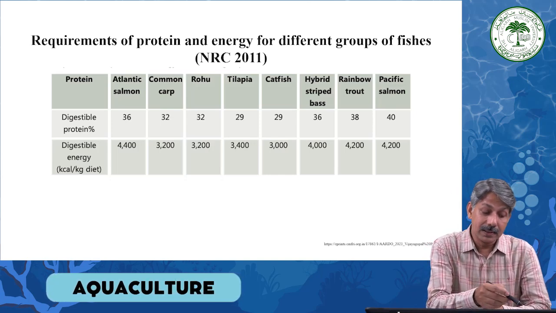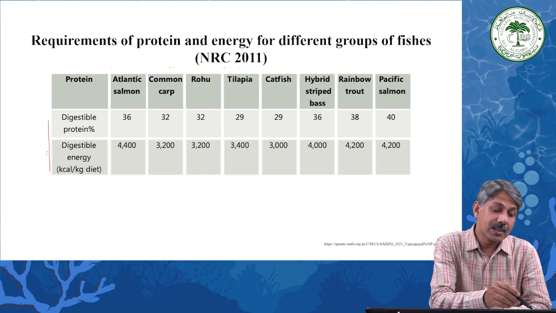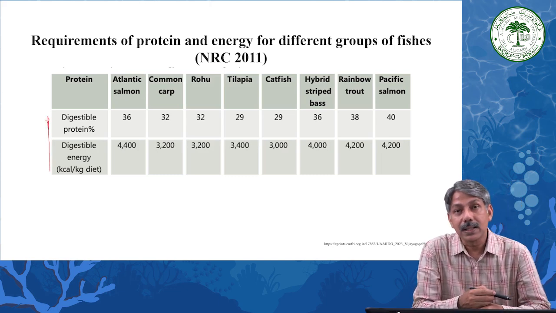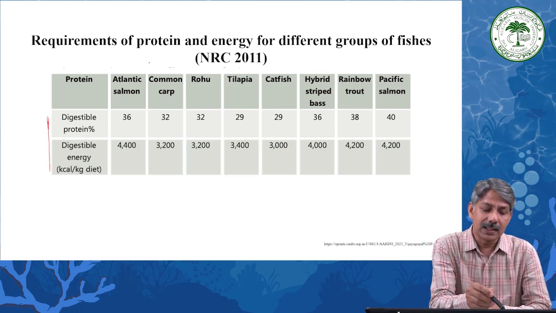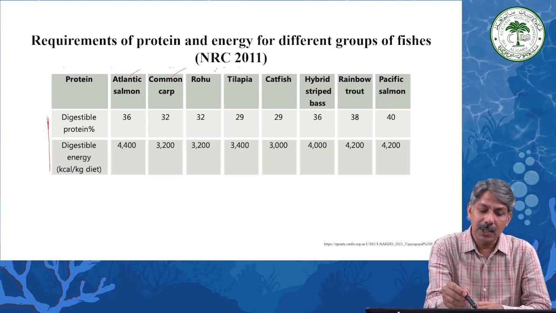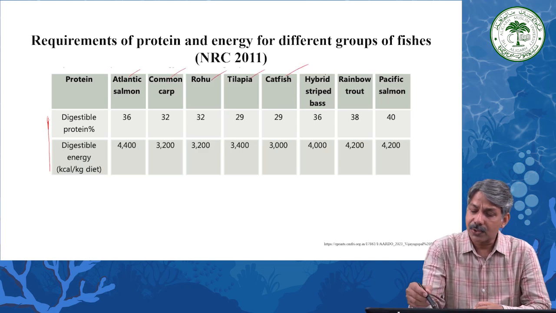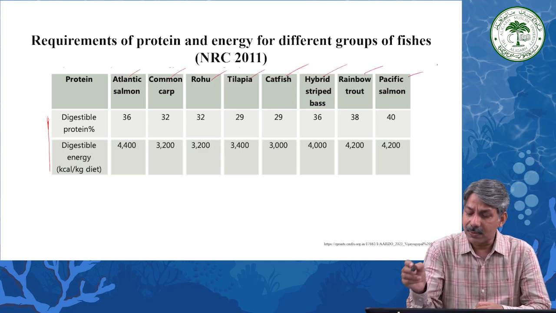Here you can see, at least you must have information on digestible protein percent and digestible energy which is required by your candidate fish species. Here the profile is given for Atlantic salmon, common carp, rohu, tilapia, catfish, hybrid striped bass, rainbow trout, Pacific salmon.